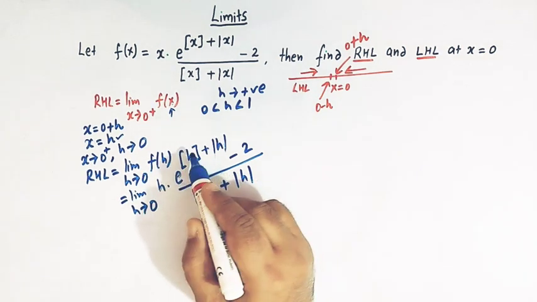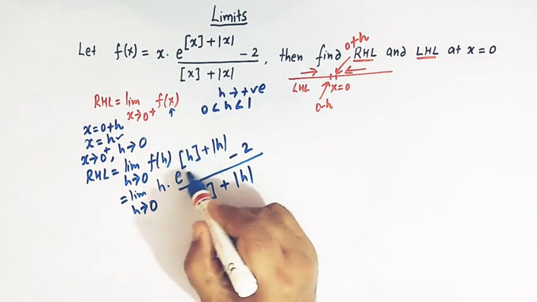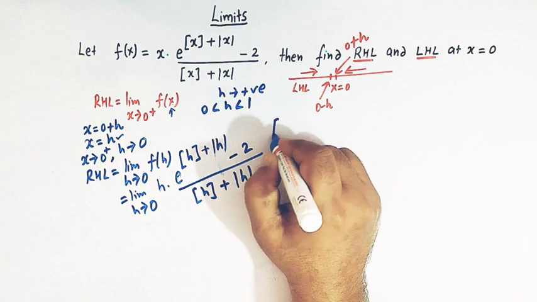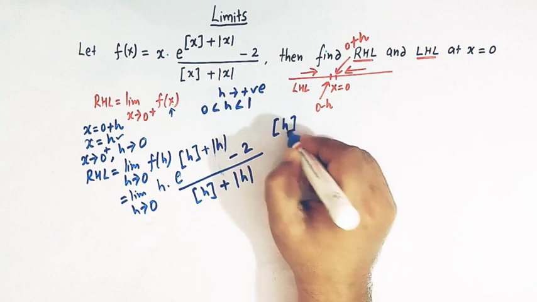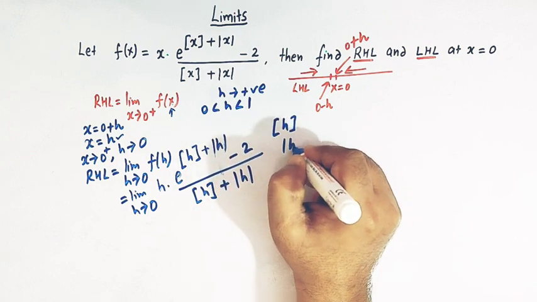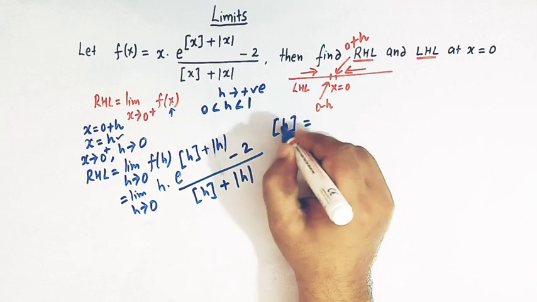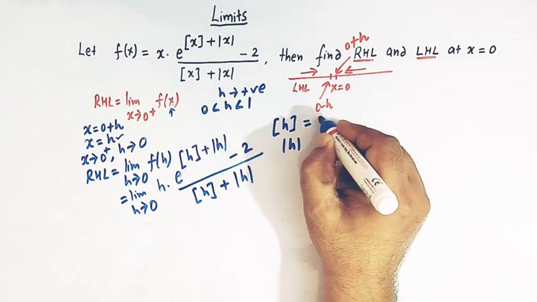Now we see that here we have the greatest integer of h, and we have mod of h. So the greatest integer of h is 0.